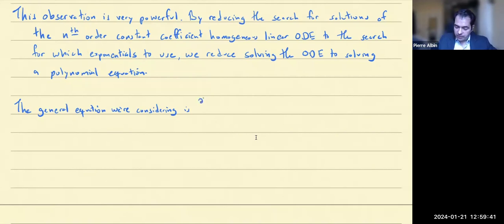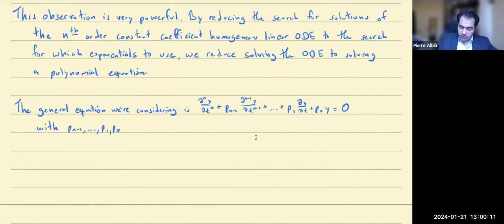So that means we have the nth order derivative of y plus some coefficient times the n minus 1th derivative of y, right? And so on, some coefficient times the derivative of y, some coefficient times y, and we're looking at the homogeneous case, I'm going to put 0, right? And here, constant coefficient, so these P n minus 1 up to P0, these are constants.